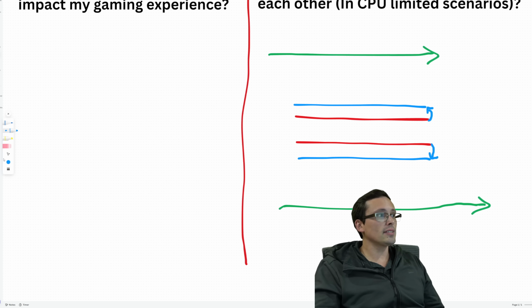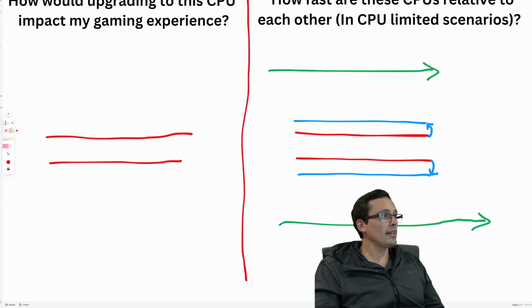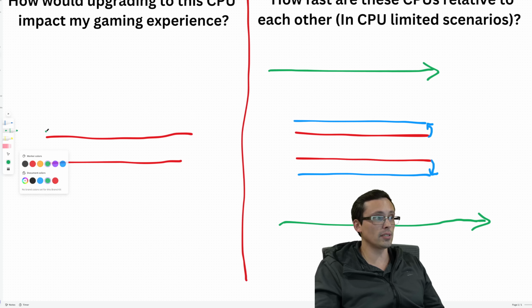But if we look at this same kind of situation where maybe the viewer has this red CPU, and the viewer doesn't have an RTX 4090, and they play at a higher rendering resolution. Maybe their GPU can only actually produce frame rates at this level.